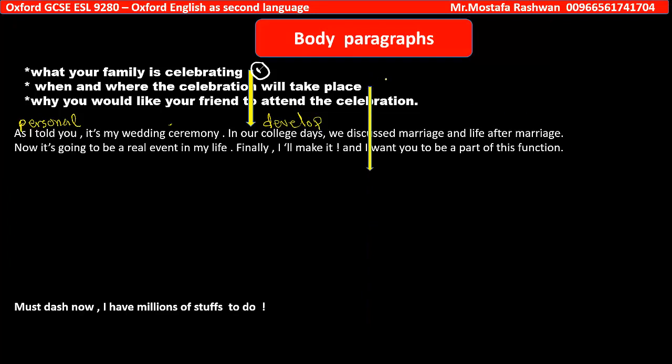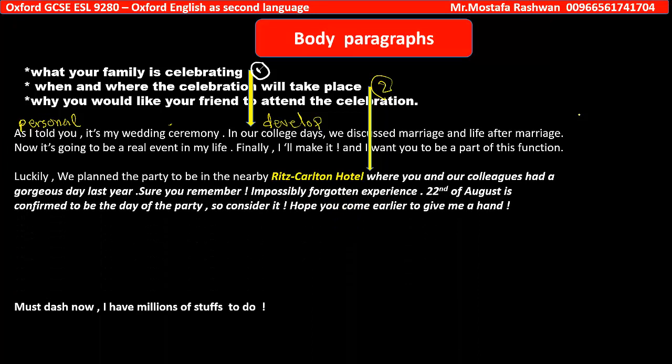Bullet point 2 is when and where the celebration will take place. In the previous slide we already wrote a perfect when and where. Luckily, we planned the party to be in the nearby Ritz-Carlton Hotel, where you and our colleagues had a gorgeous day last year.